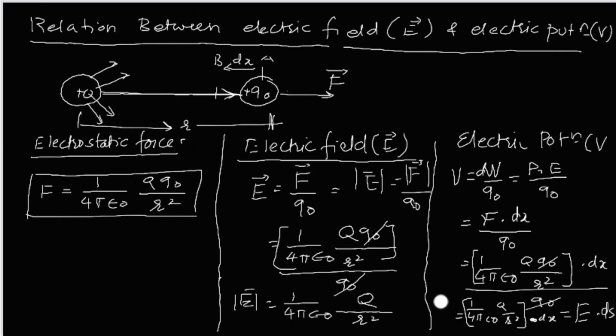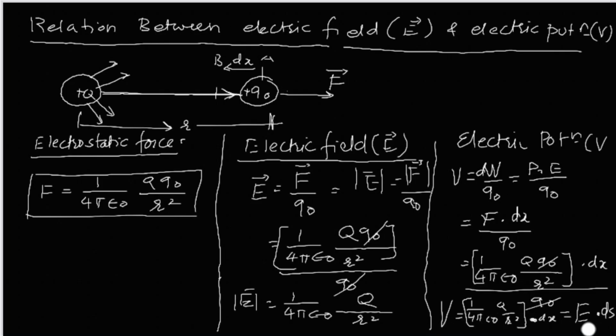So now we can see what is potential. Potential, by definition, is work done divided by charge, but now we got the new value, and we can compare it with this.